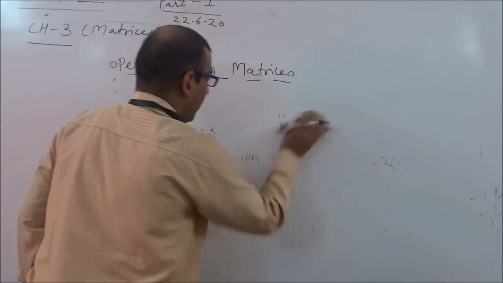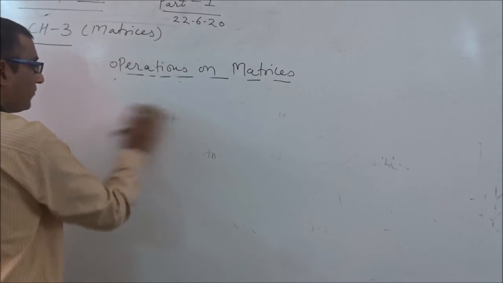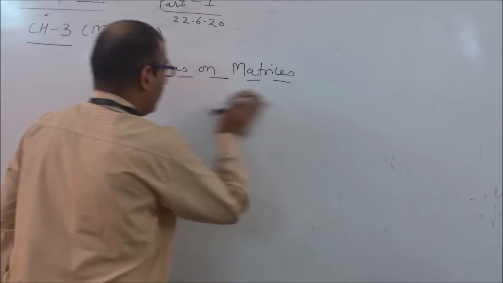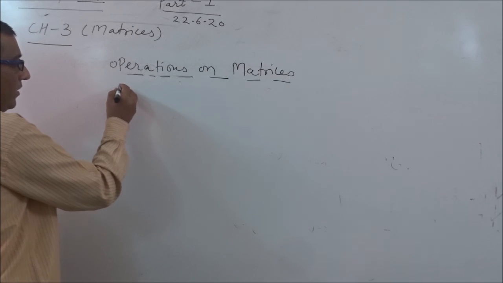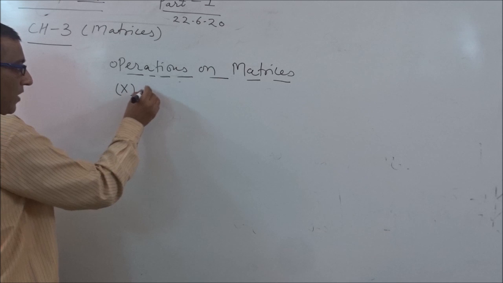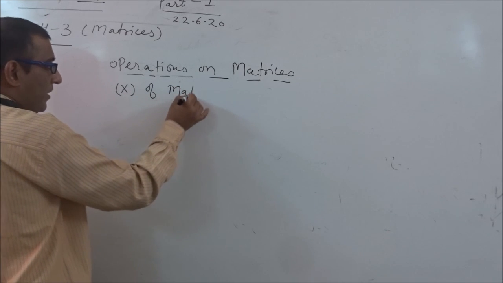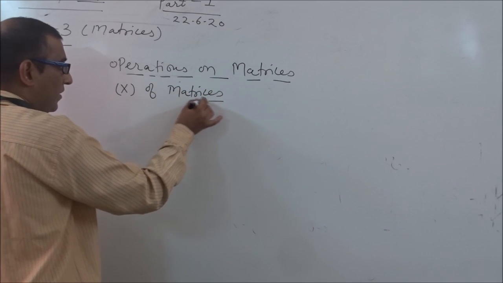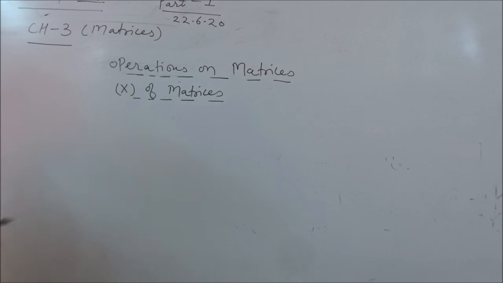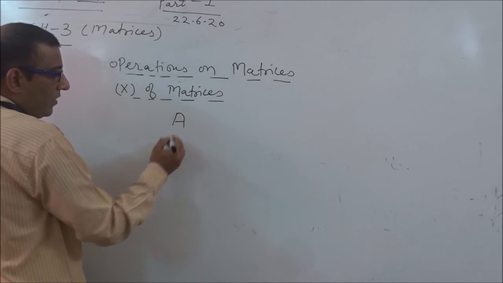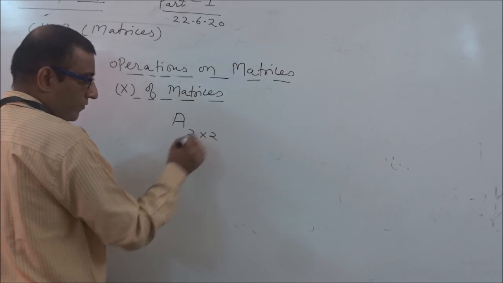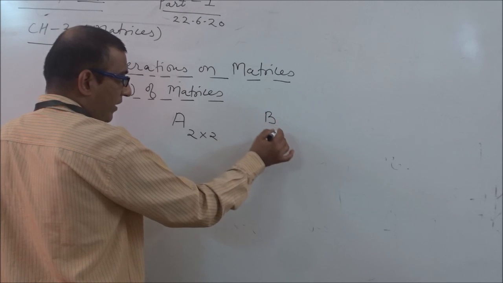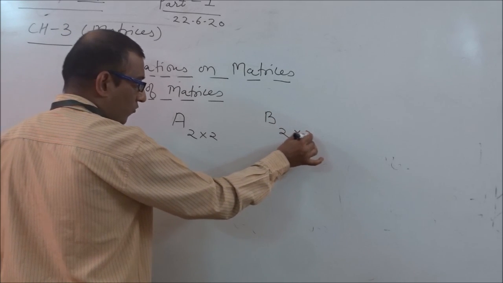So after addition and subtraction, I am continuing with the next operation, that is multiplication of matrices. It is very, very important. So what is the condition for multiplication? For example, the order of matrix A is 2 into 2 and the order of matrix B is also 2 into 2.